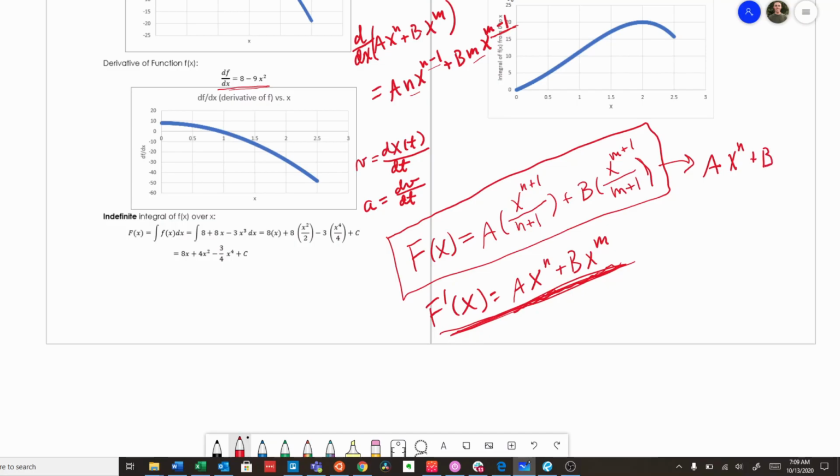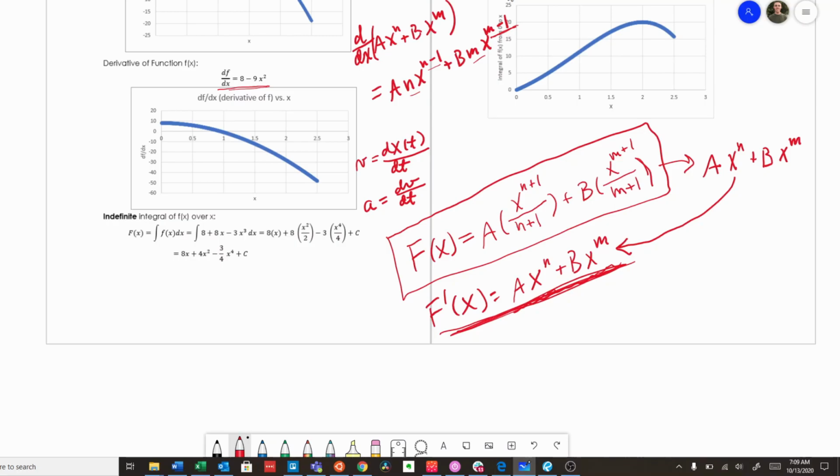The constant stays there. X to the m plus 1, the derivative of that is going to be m plus 1 x to the m, right? Because the exponent drops by 1. The m plus 1 will show up then in the numerator and in the denominator. The two things will cancel out so that I have x to the m. So you can see, right, once I took the derivative of that thing, it was exactly the desired quantity.